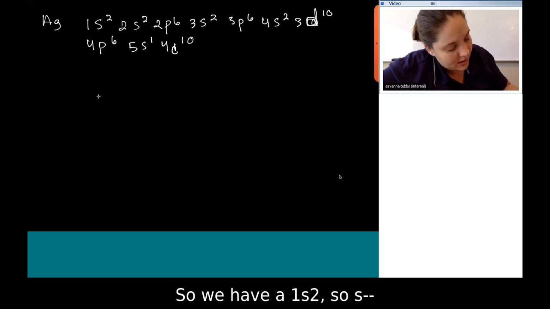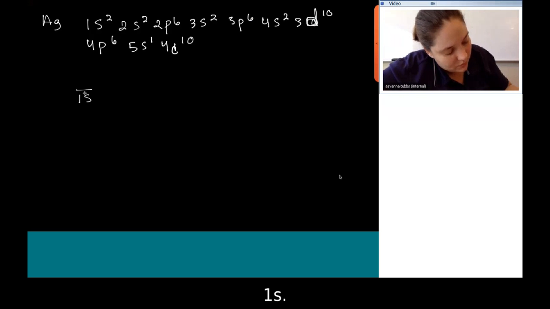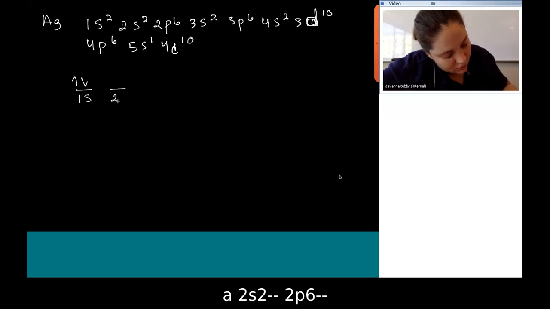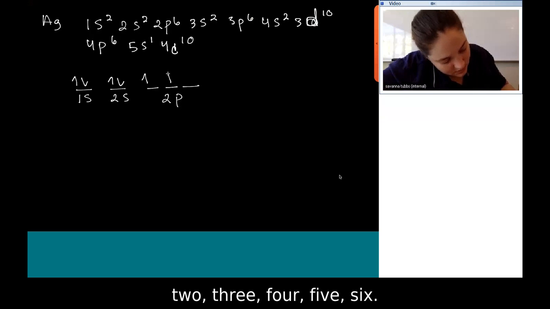So we have a 1s2, so 1s, and we have 2 electrons, a 2s2, 2p6, 2, 3, 4, 5, 6.